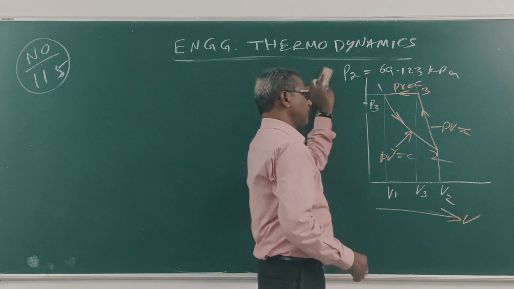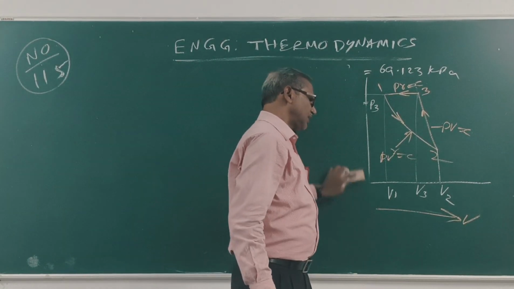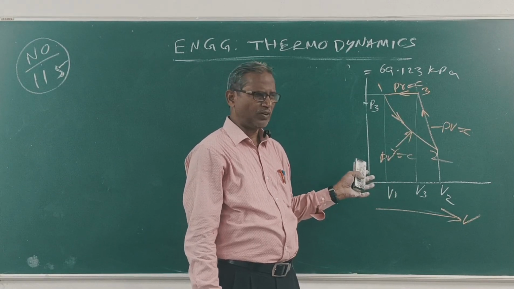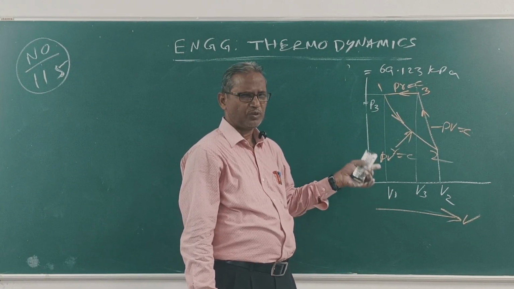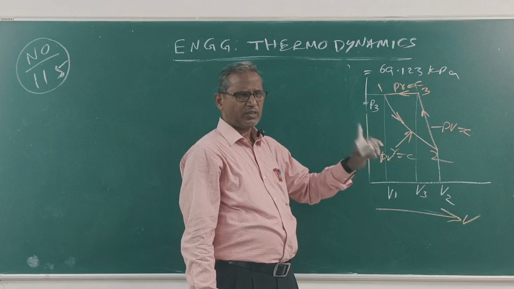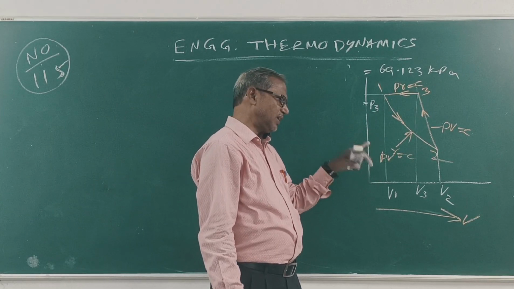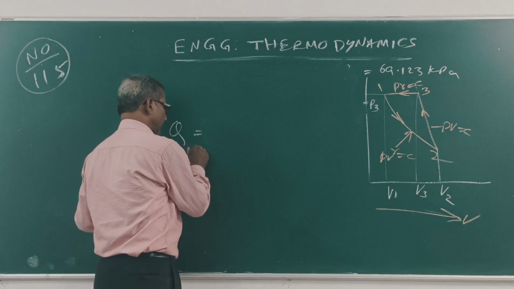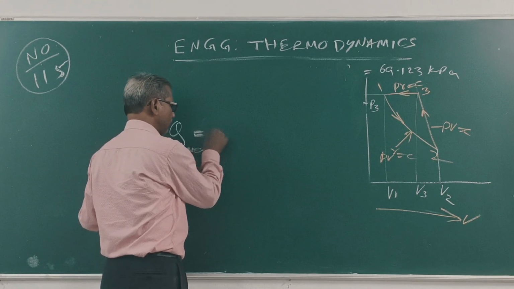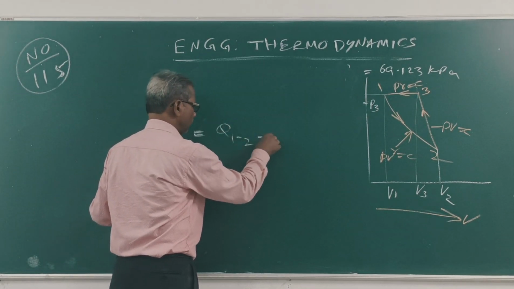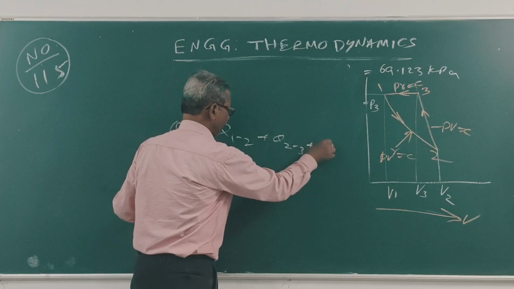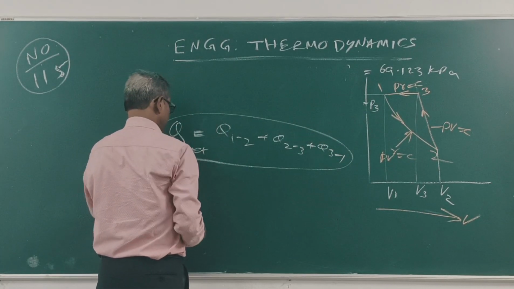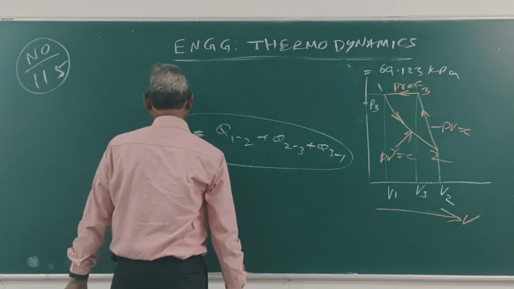Similarly, if he is asking to find net heat transfer, in this case also you can find out Q12, Q23, Q31, then net heat transfer Q net is equal to Q12 plus Q23 plus Q31. Clear? Next question 115.